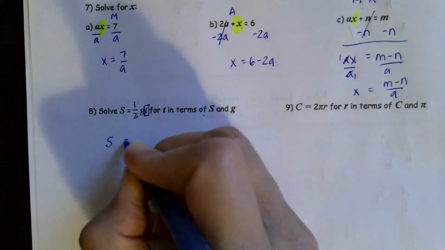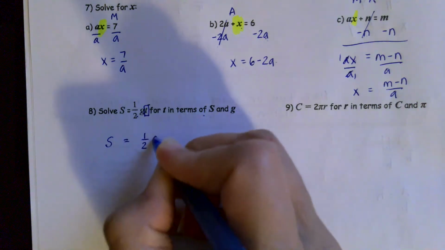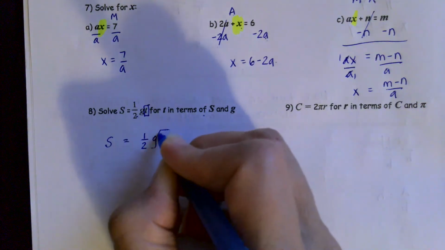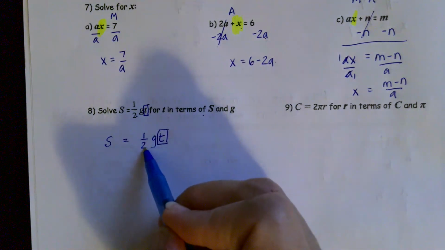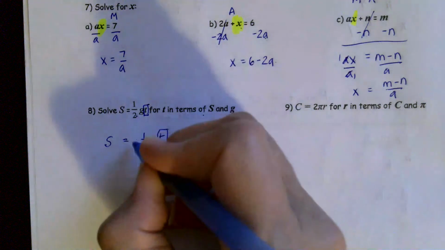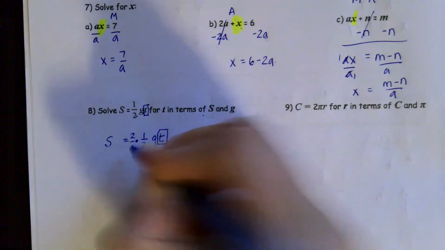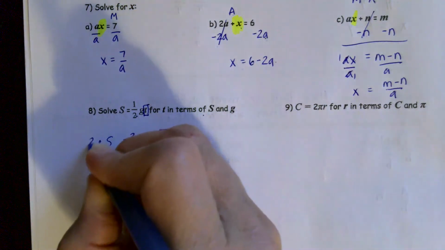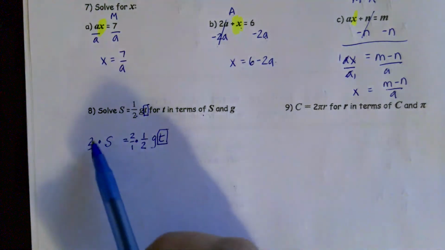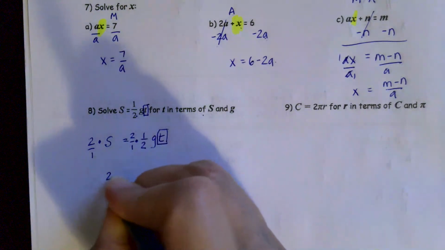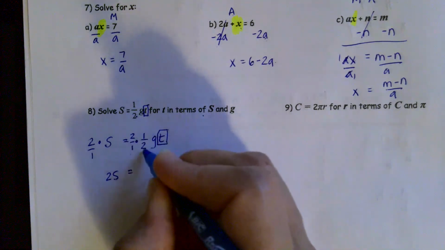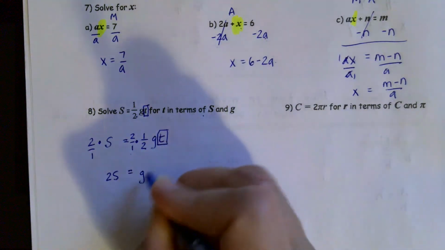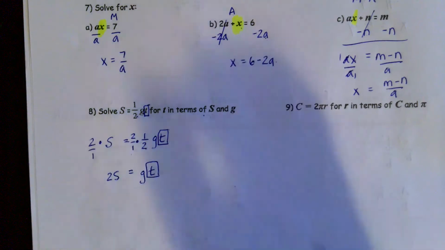So I'm going to write this out again, give myself a little bit of room. Instead of multiplying by 1/2, I'm going to multiply by its reciprocal, 2 over 1, and do the same thing over here. So 2 times s is 2s over 1 is 2s. Any number times its reciprocal is 1, and I'm left with gt.